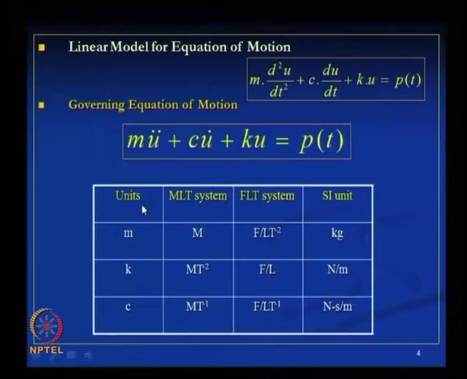And also we have seen what are the units for these common parameters m, k and c in different systems, like in MLT system, in FLT system and in SI unit. So, conventionally we use for our problems the SI units for mass as kg, for stiffness as Newton per meter and for the damper as Newton second per meter.